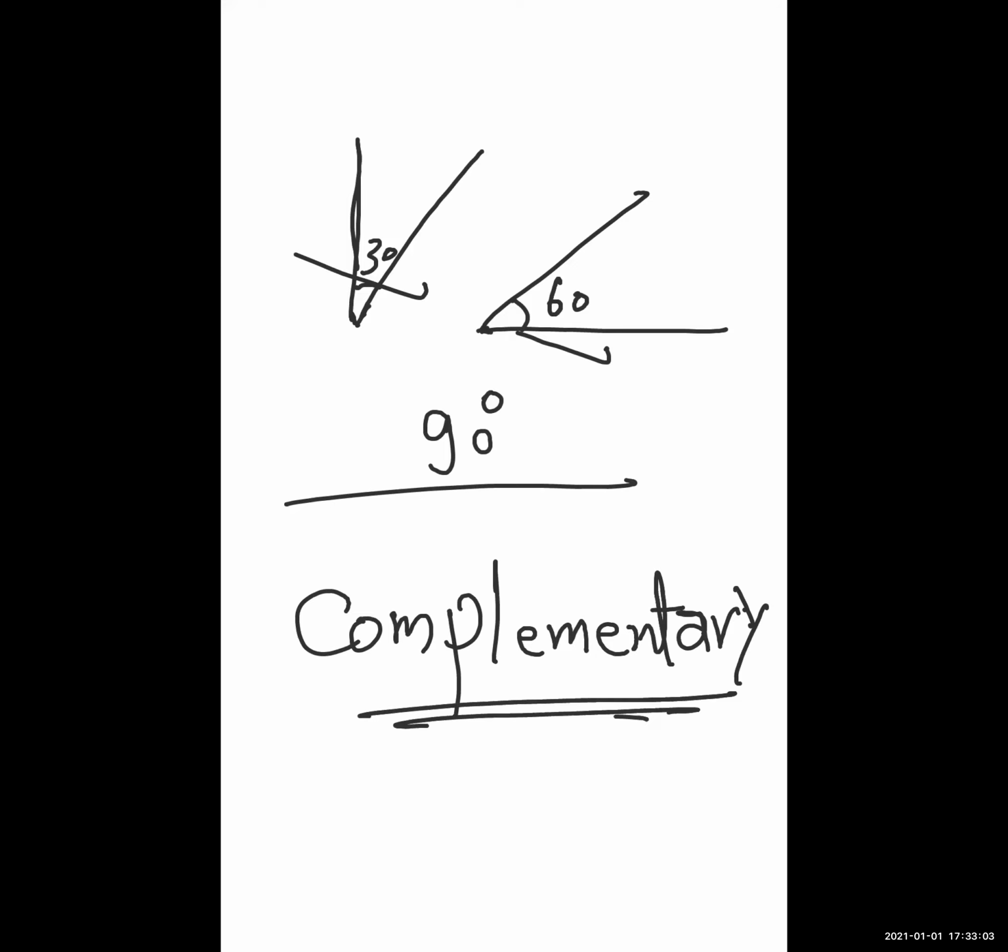So complementary angles means the sum of the measurements of the two angles equals 90 degrees.